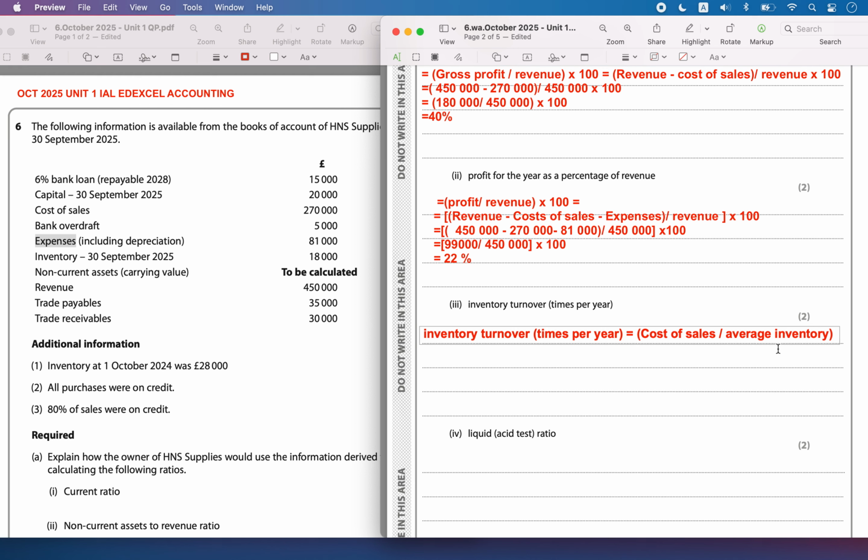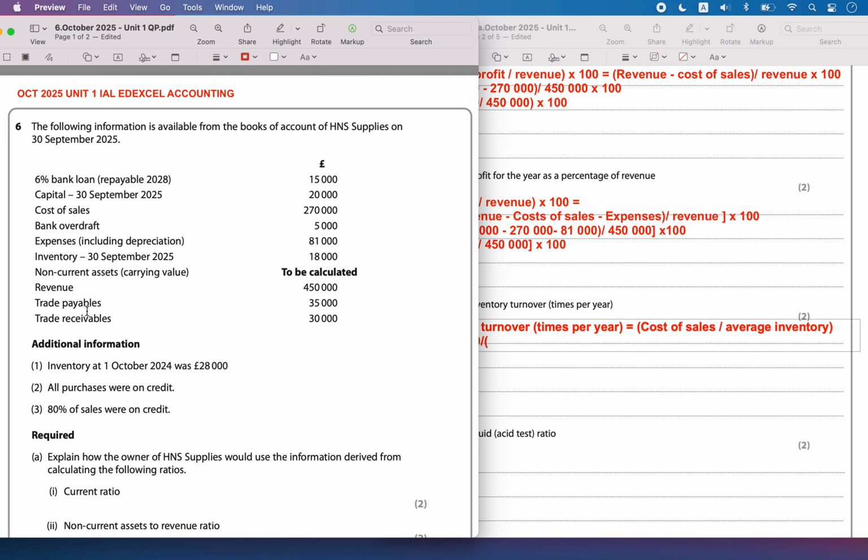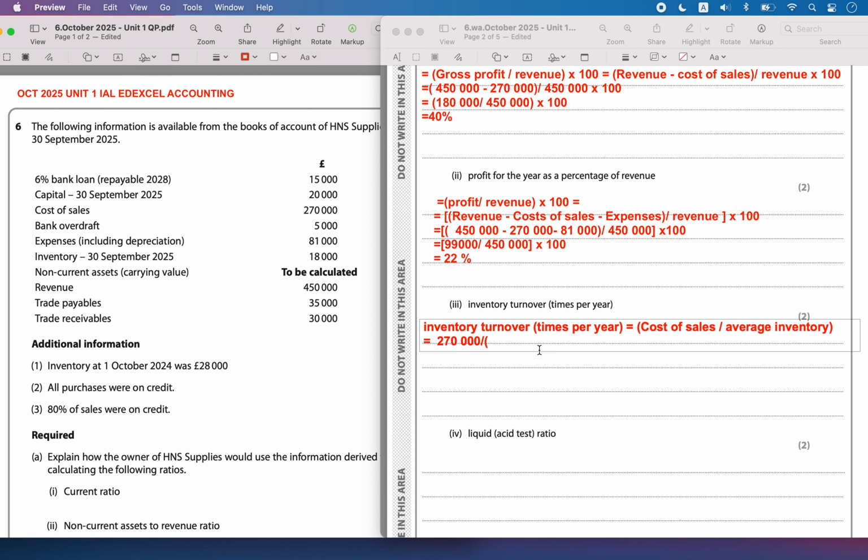So let's calculate that. We know the cost of sales is 270,000, divided by average inventory, that is opening inventory plus closing inventory divided by 2.